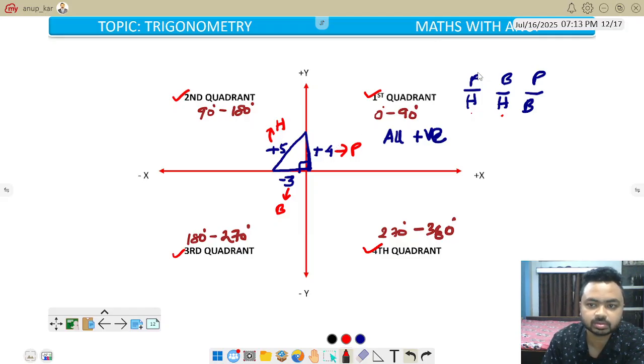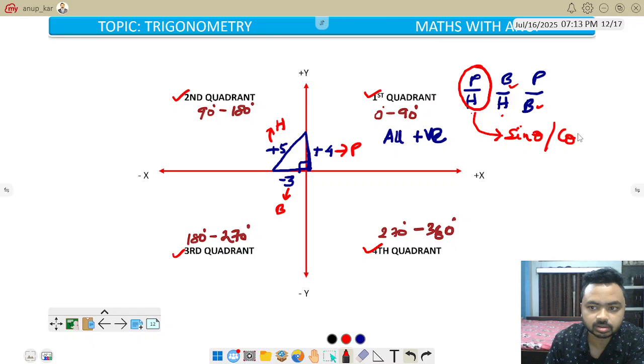The rest of the cases will be negative, because one of the values is the base, which is negative. So this is nothing but sine theta or cosec theta. I hope it is clear.